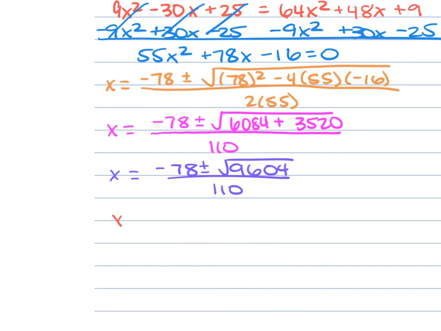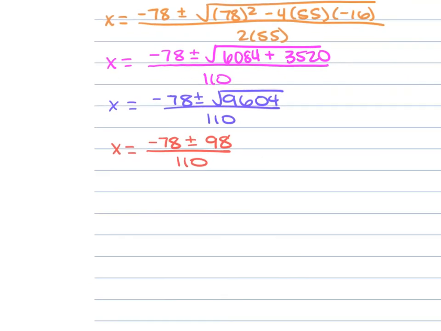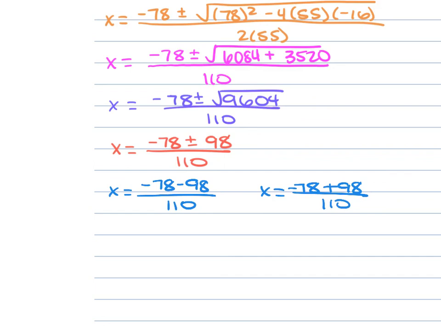So this is x is equal to negative 78 plus or minus 98 all over 110. So I'm going to separate this into two equations. X is equal to negative 78 minus 98 over 110. And x is equal to negative 78 plus 98 all over 110.